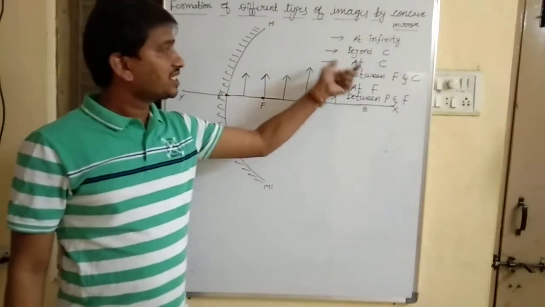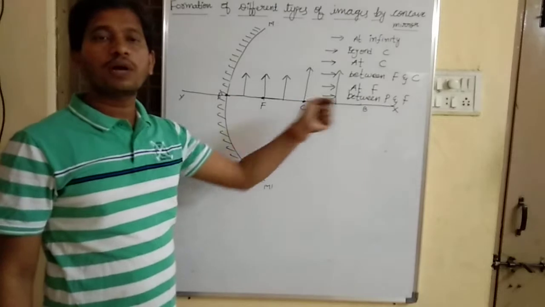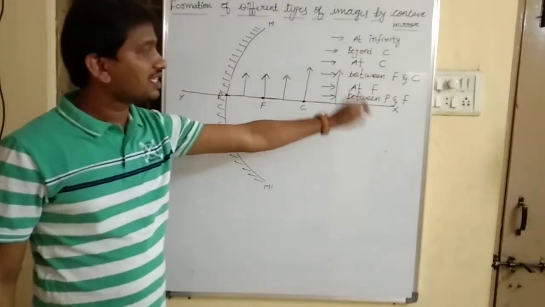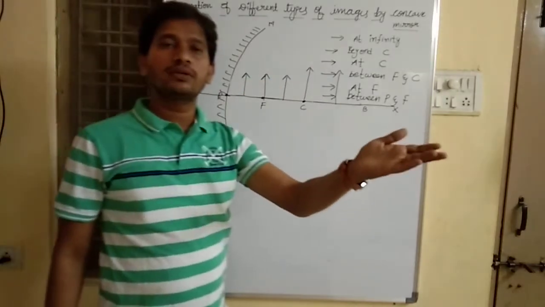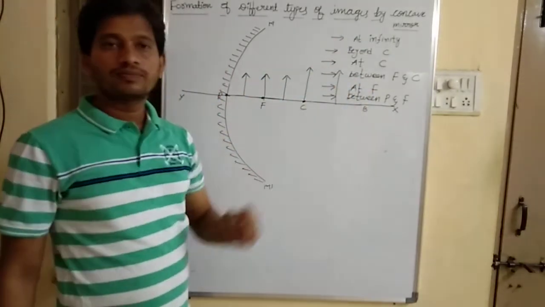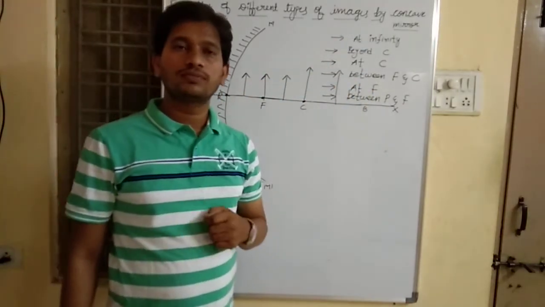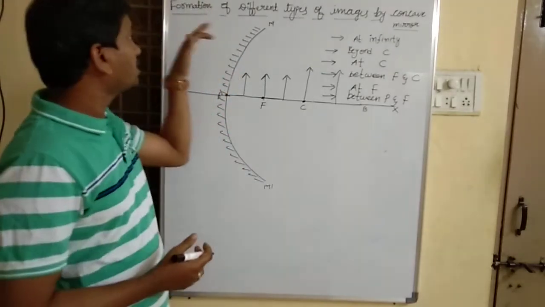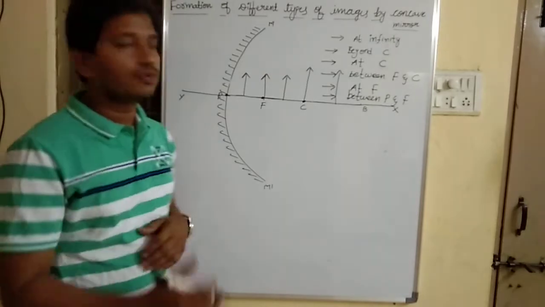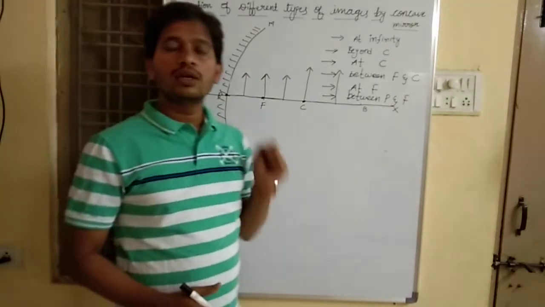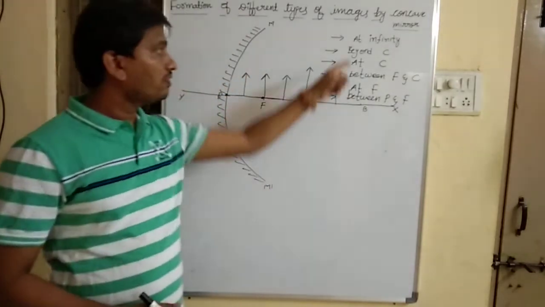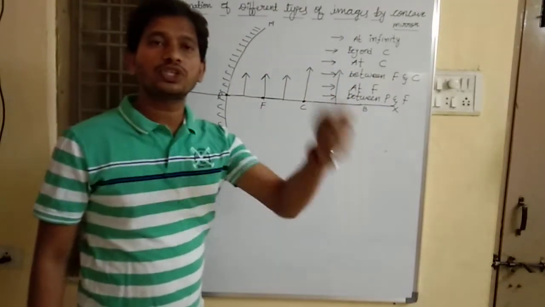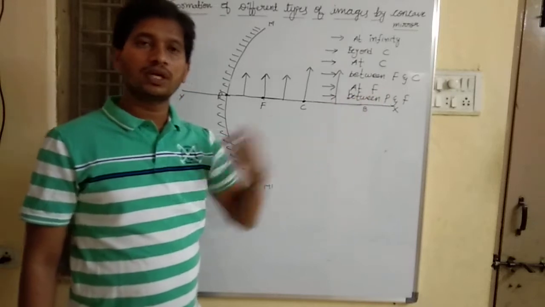These are the 6 different positions of an object; we can place it at any of them. To get the position of an image, we have to draw ray diagrams. So that is our topic, formation of different types of images by a concave mirror. Now we will discuss all these 6 cases.